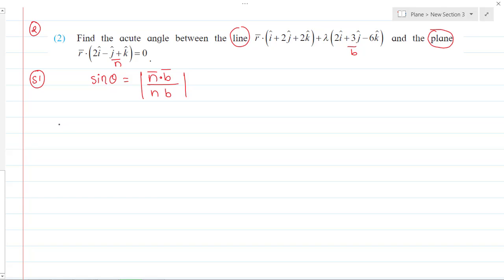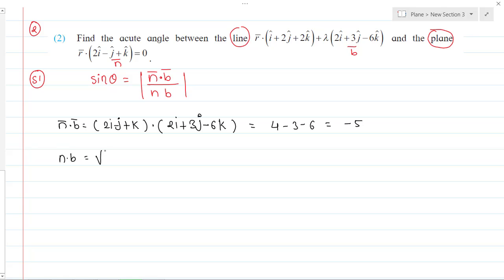Let's have the values now. n bar dot b bar is (2i minus j plus k) dot (2i plus 3j minus 6k). If I open this, I get 2 into 2, which is 4, then minus 3, and again minus 6. So 4 minus 3 minus 6 is minus 5. What will be n into b?